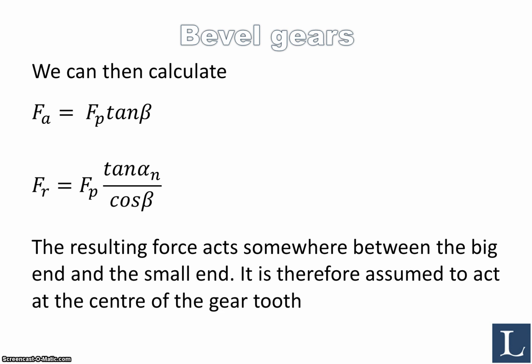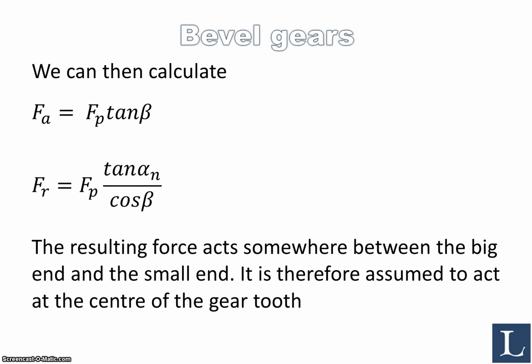Based on this, we can then calculate the axial force as the peripheral force times tan beta, and then we can go on to the radial force, which is equal to the peripheral force and this expression using the alpha n angle and the beta angle.